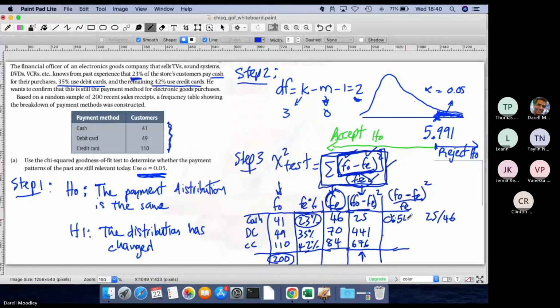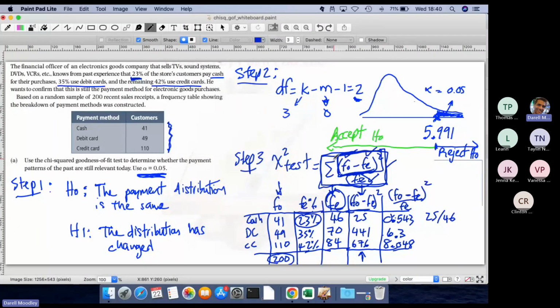You do that for the next row and you get 6.3. And lastly, the final value is 8.048. And that's it. You've done pretty much all the workings.